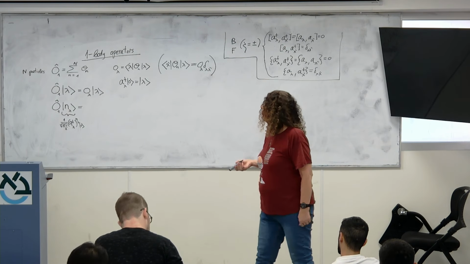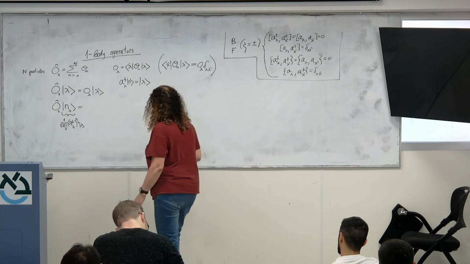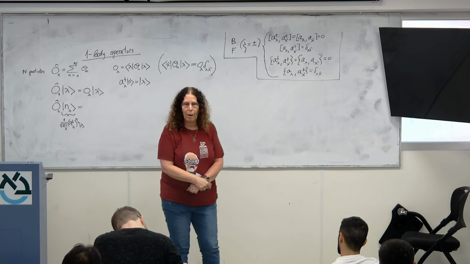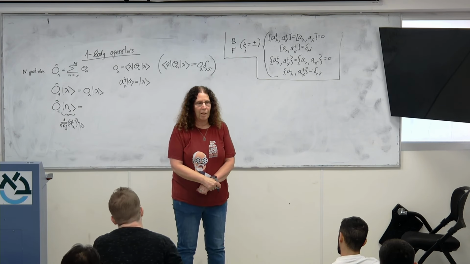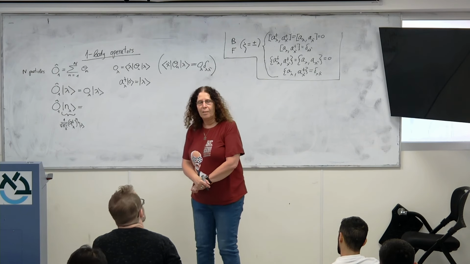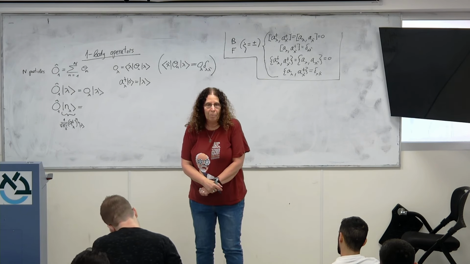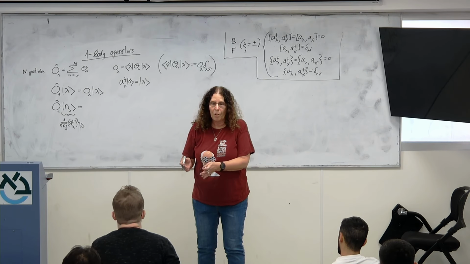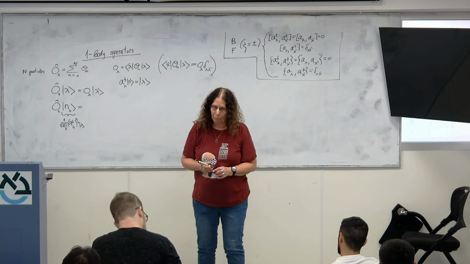Therefore, this state is also going to be an eigenstate of O1, right? What is the eigenvalue? The eigenvalue is O lambda times n lambda, because you are just counting how many such particles you have. Okay?